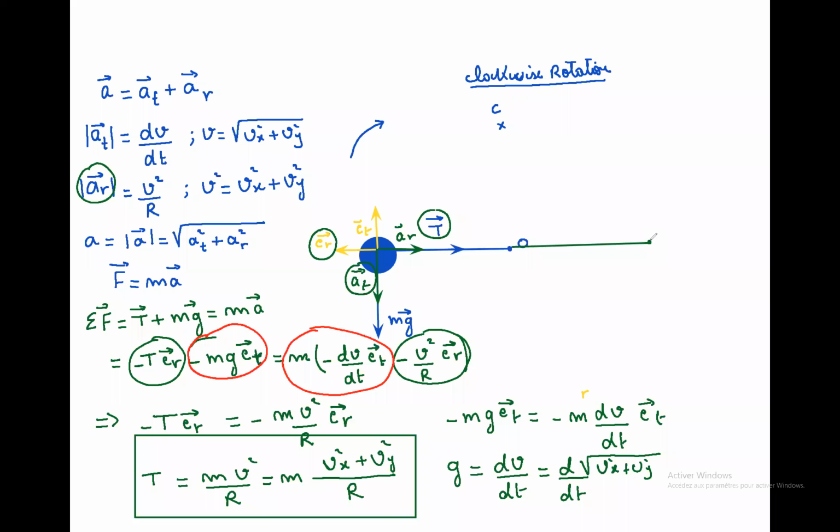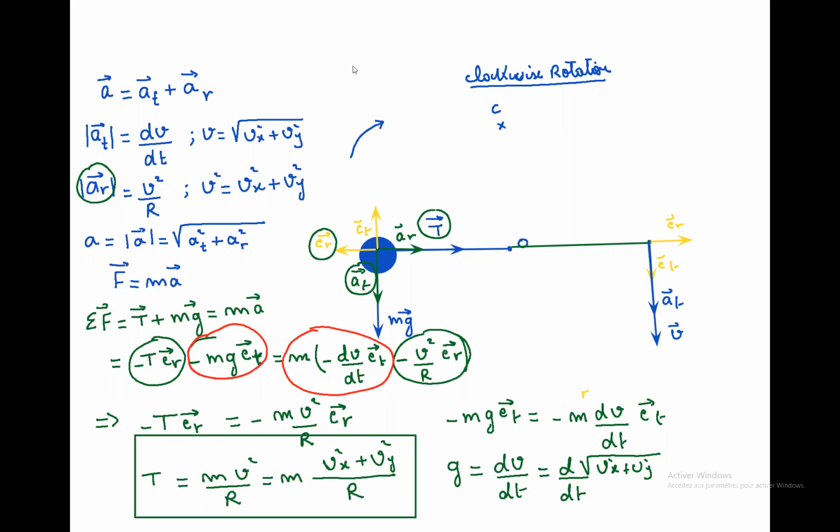So here we have er, we have et with v. As you know, between C and B, the velocity increases, so at has the same direction with et. We can draw at, and we have also the speed, or the velocity, in the same direction. Here we have et, here we have v.